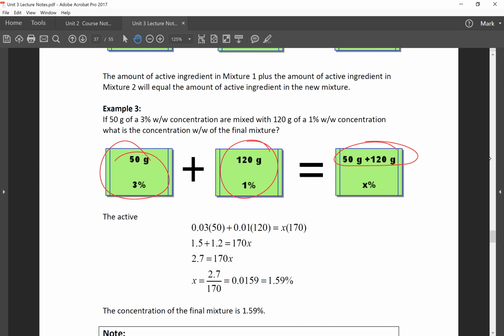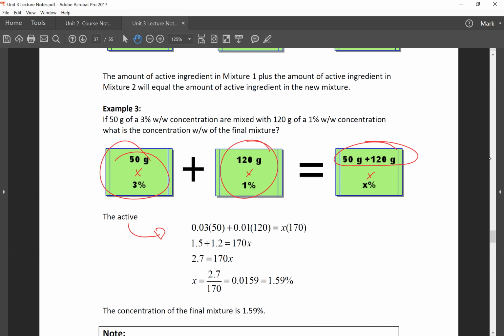So you can see the formula here. I'm going to take my 0.03, and so all of these get multiplied together. So 0.03 times 50 plus 0.01, 1% divided by 100, times 120 equals X times 170.